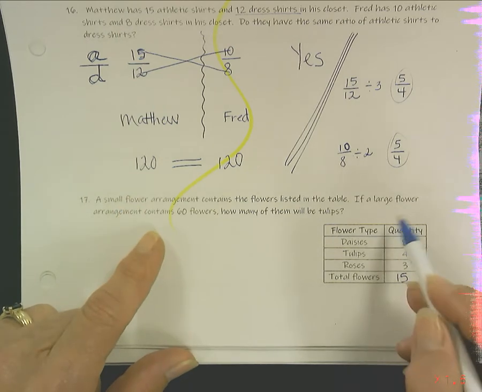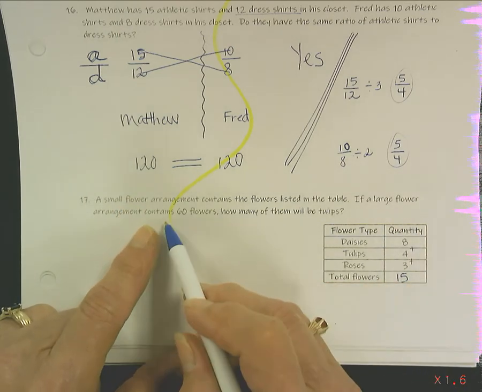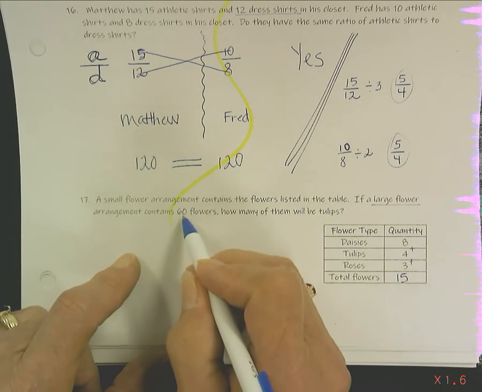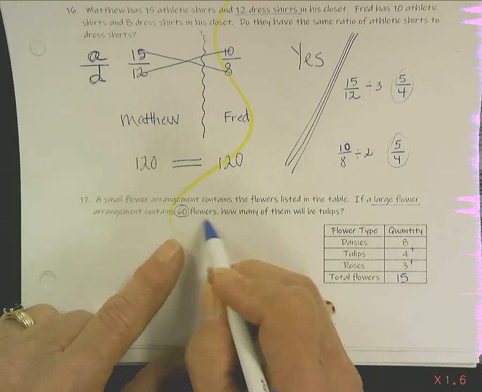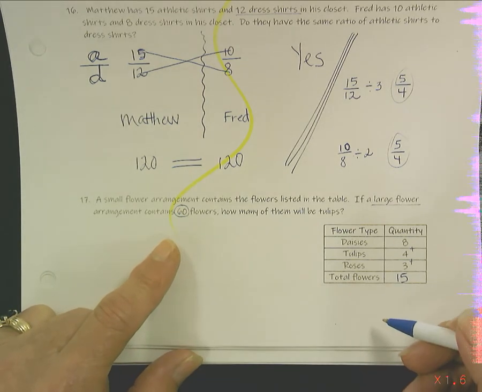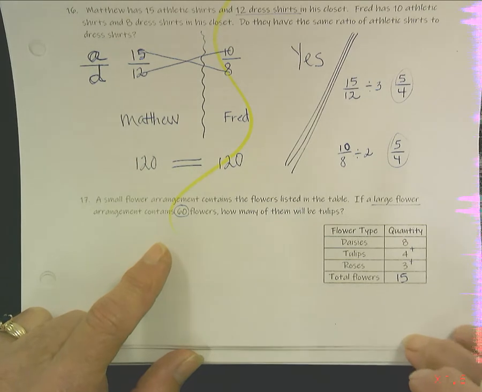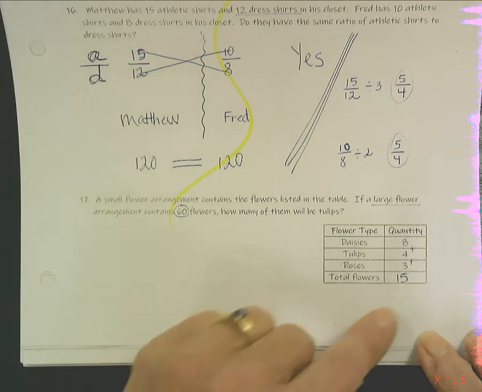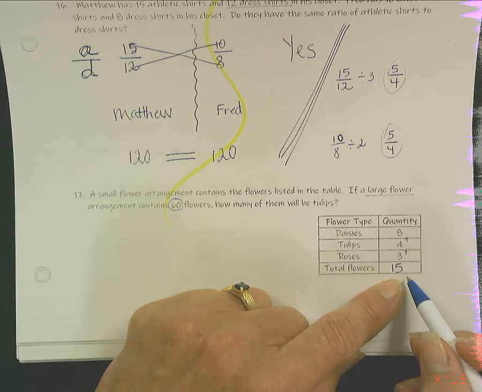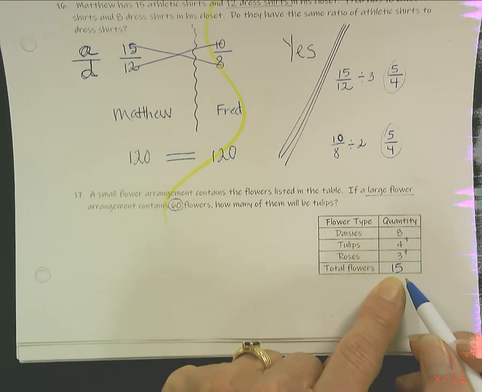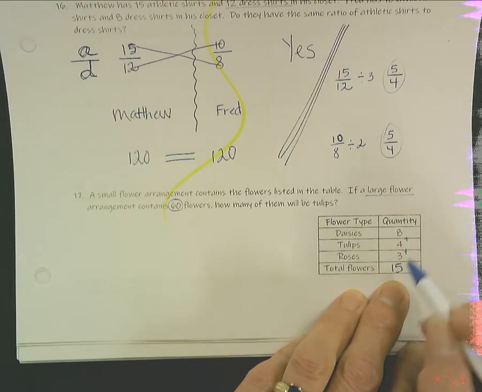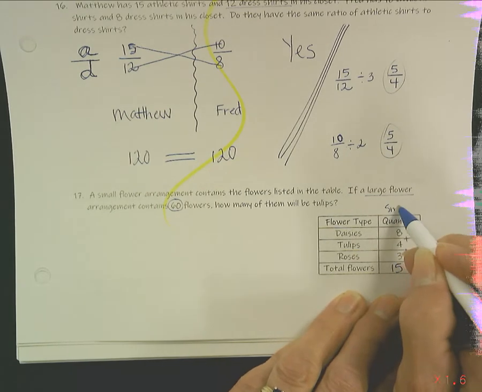Now, if I continue reading this, I read that a large flower arrangement has 60 flowers. Okay, much bigger. But guys, I need you to focus on the table, focus on the problem. So a large flower arrangement has 60. That's way bigger. This is small.